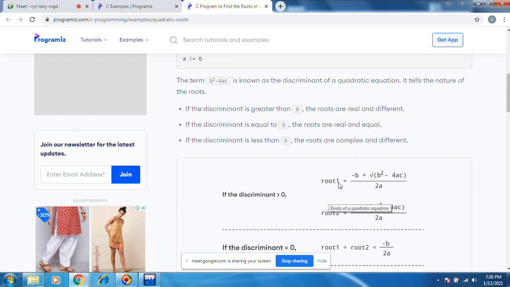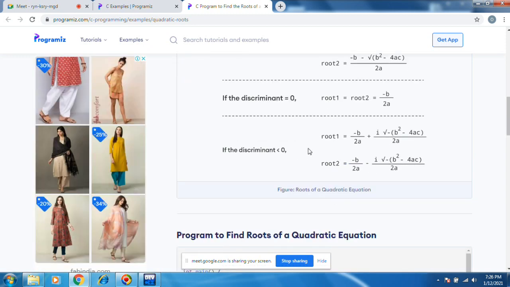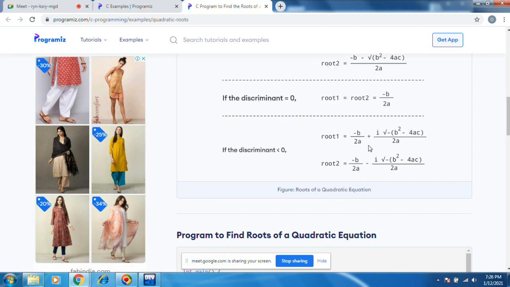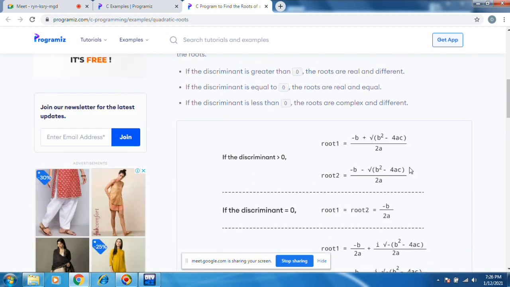The same number will come. If the discriminant is less than 0, the roots are complex, plus or minus i. This way these things will come. Let's see only these two.